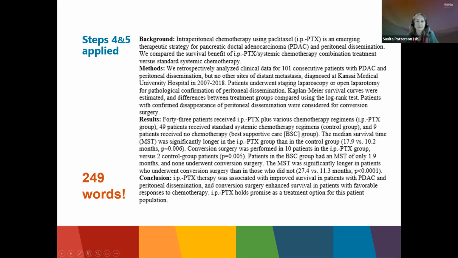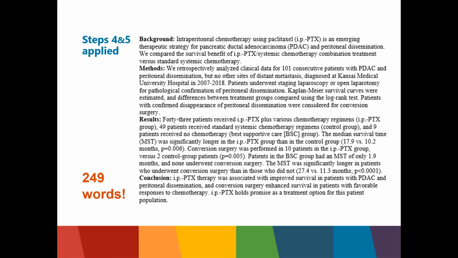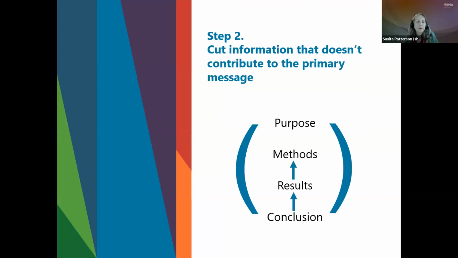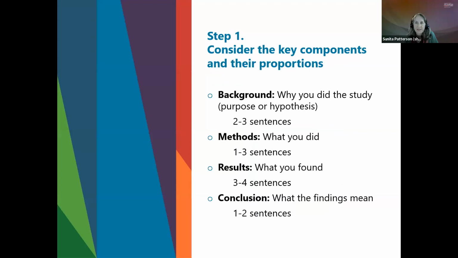So I've got 2 sentences in a background, 3 in a methods, 4 in results, 2 in conclusion, right? Yeah. I have a slide that in the WAPSA course we had some possible lengths, so maybe that would be helpful to you. Yeah, this helps. Thanks so much.